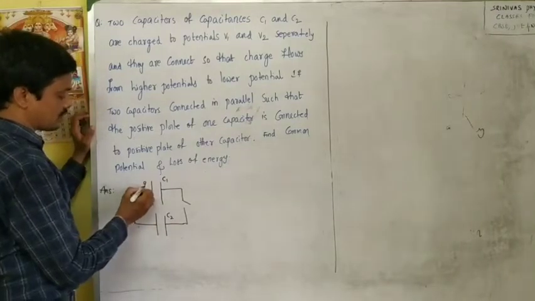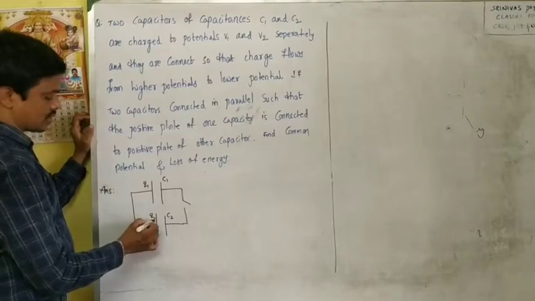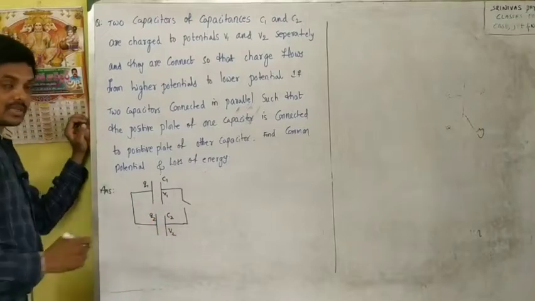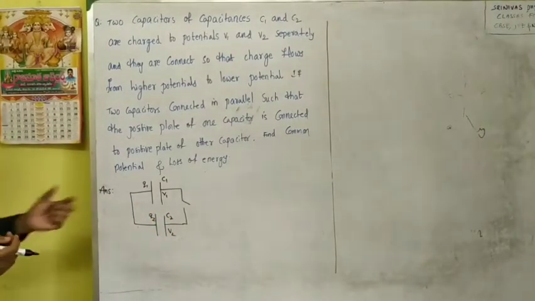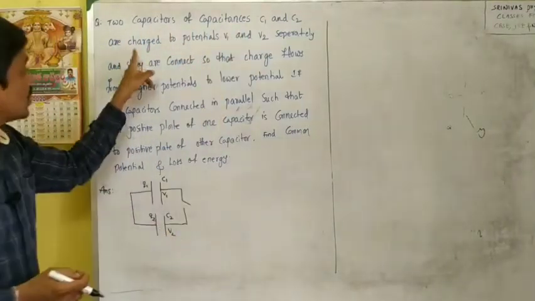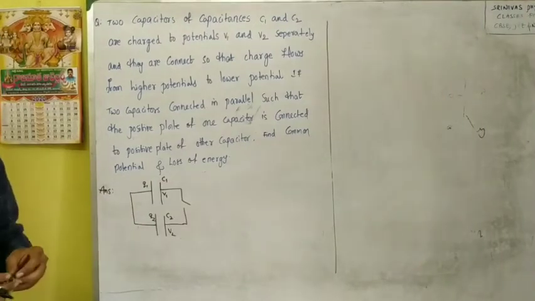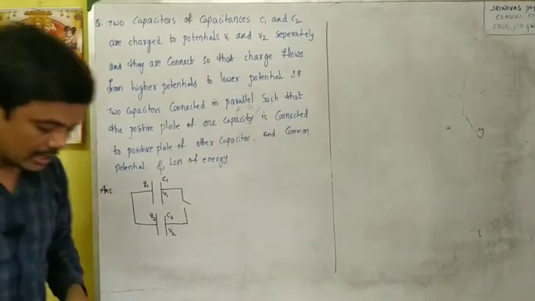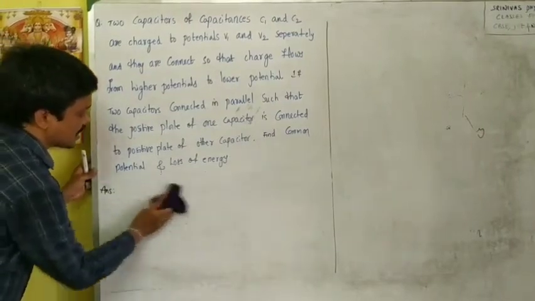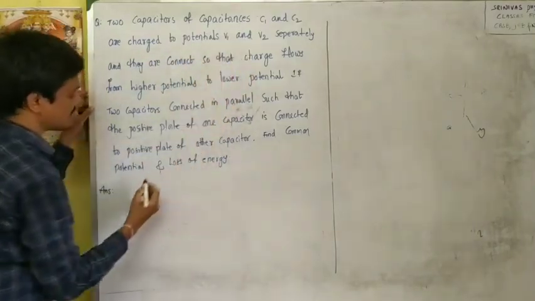Before connecting, for example, the charges on these two capacitors are Q1 and Q2 and potentials are V1 and V2. Two capacitors of capacitances C1 and C2 are charged to potentials V1 and V2.